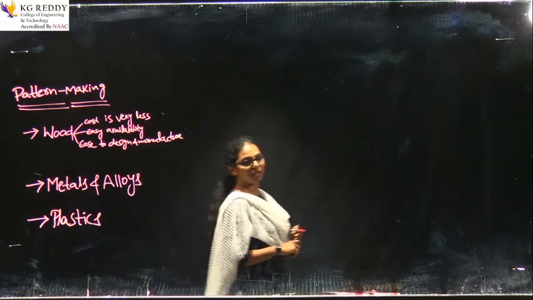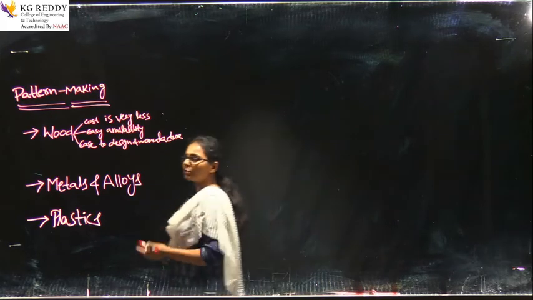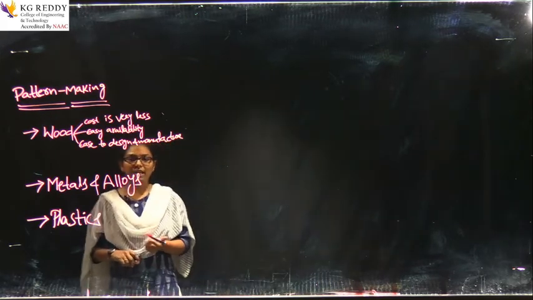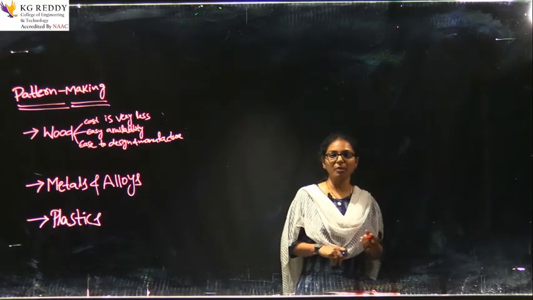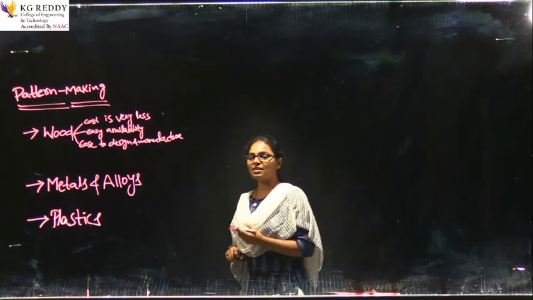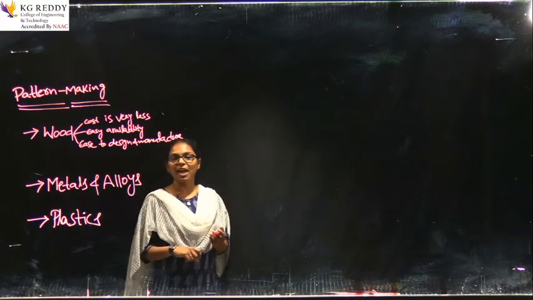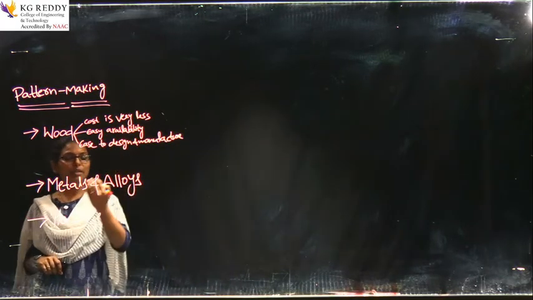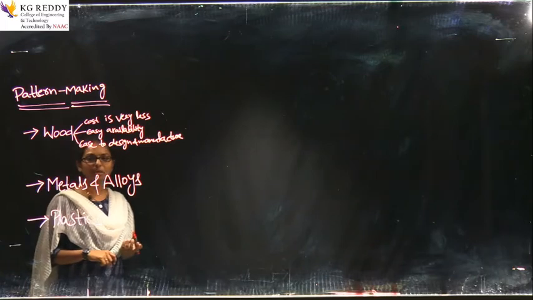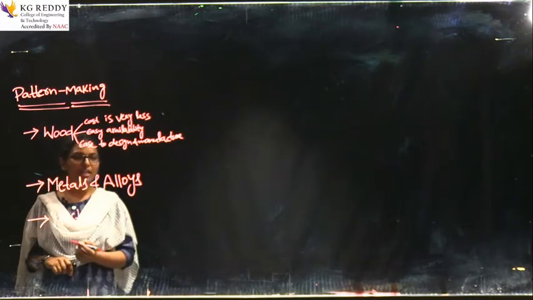It is suitable for making intricate-shaped components, meaning castings that are very small in size and very complex in shape. Compared to metals, plastics are very cheap and very easy to mold into any shape.